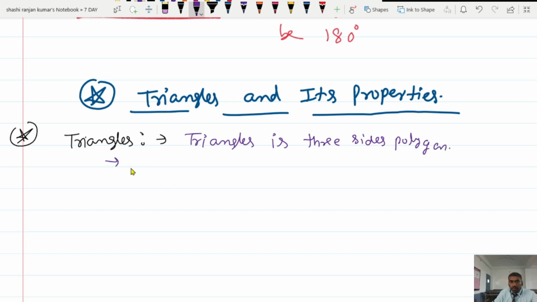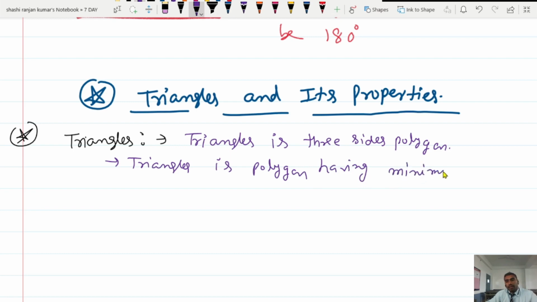You can say it this way: a triangle is a polygon having the minimum possible sides.